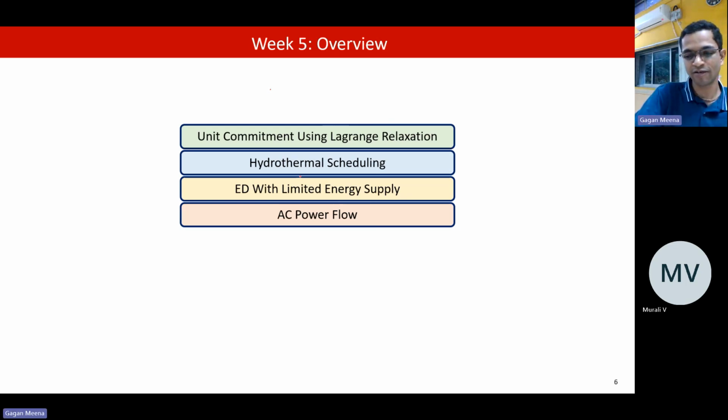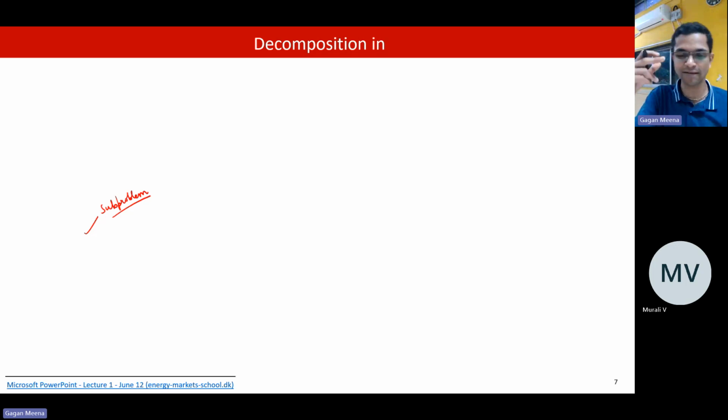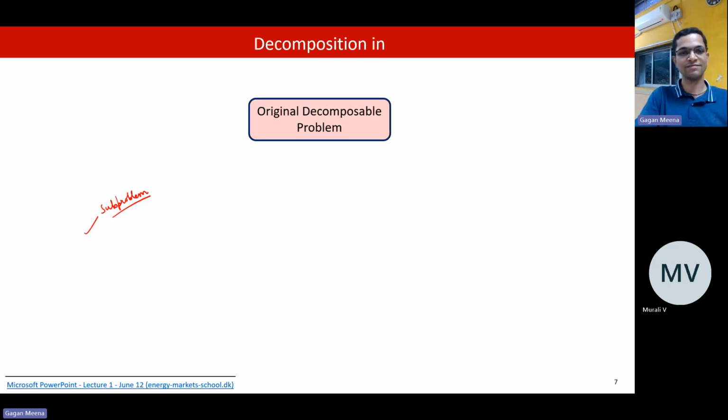Moving on to Lagrange relaxation, what is the motivation for using it? The motivation is to decompose a very big problem which may not even be solvable by the solvers. The problem may be difficult. One thing is we want to solve it, so it should be computationally tractable.